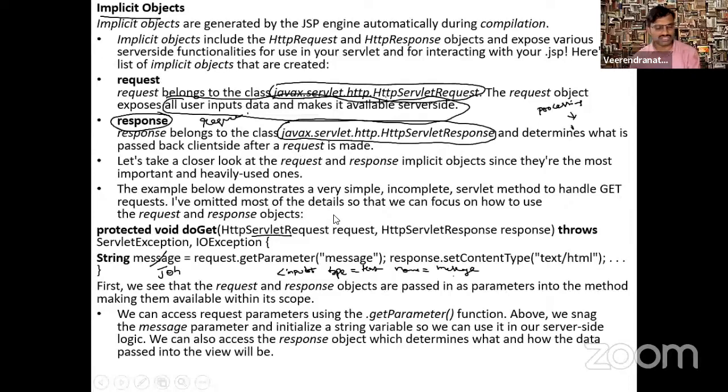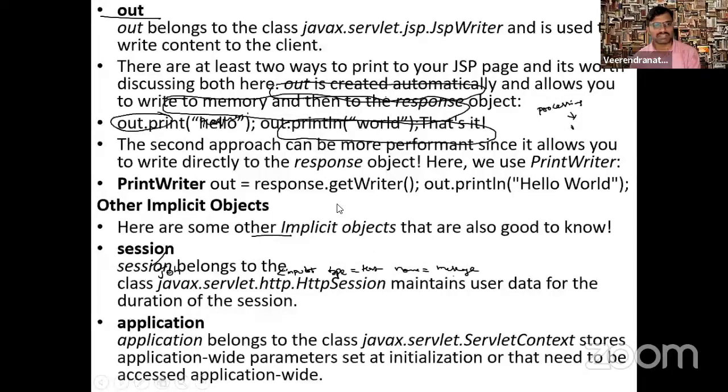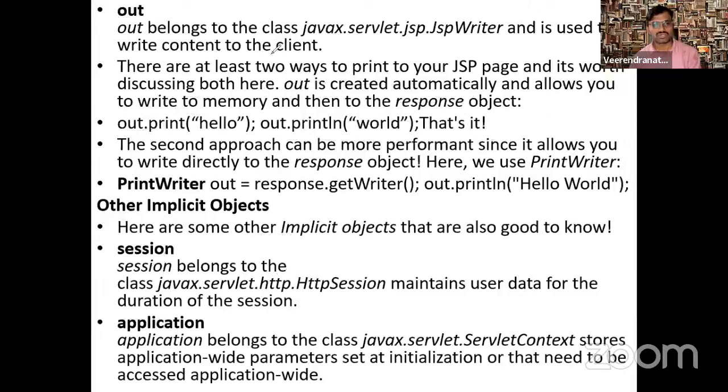So these are the first two important implicit objects, along with the next object, which is called out. What is this out object? The out object belongs to the JSP writer.